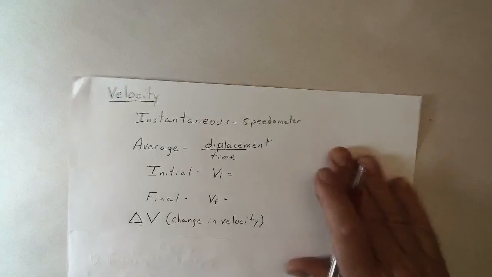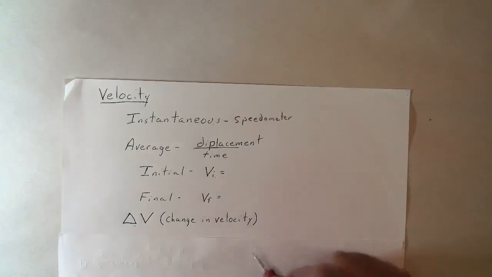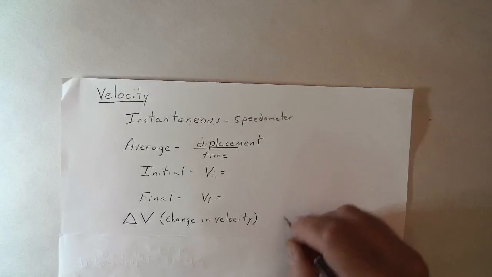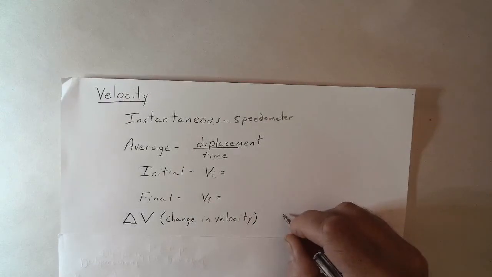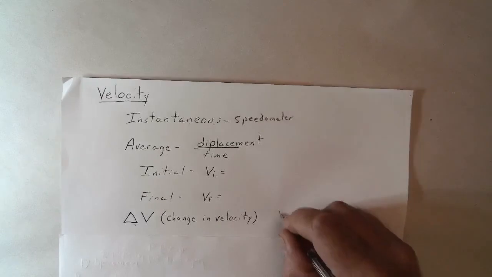Well, let's see. If I was moving at 20 miles an hour, and then I was moving at 30 miles an hour, what's my change in velocity? You could probably figure out right away that that's going to be 10 miles an hour. But how did we get that? Well, we started with the final velocity and subtracted the initial velocity.